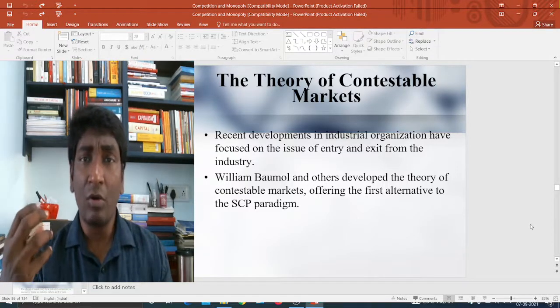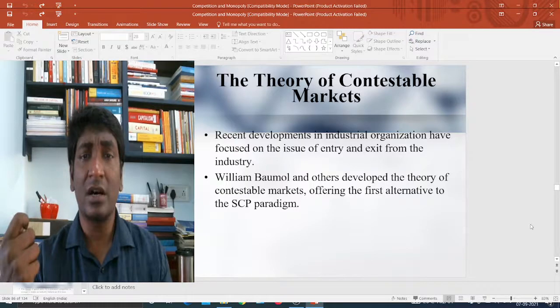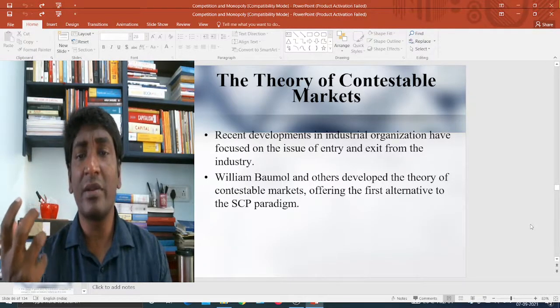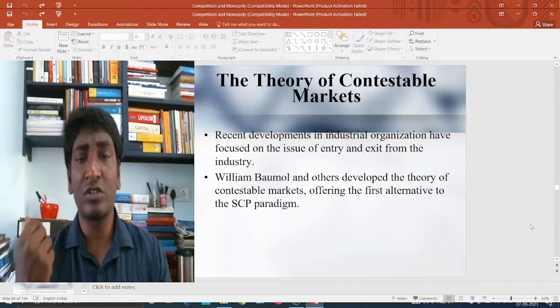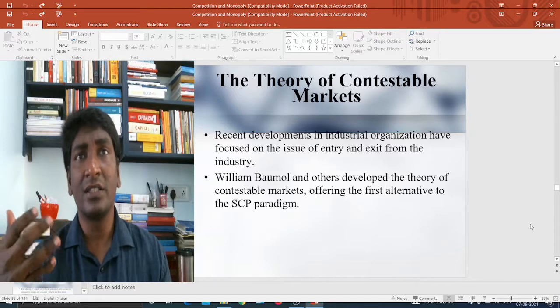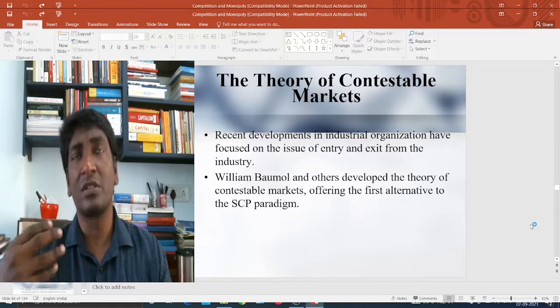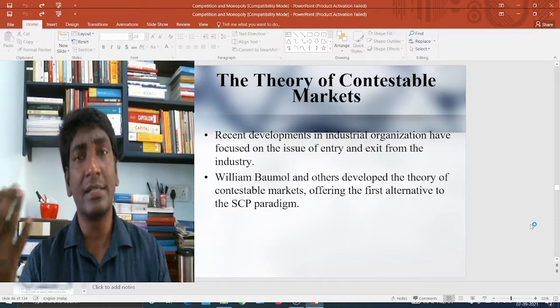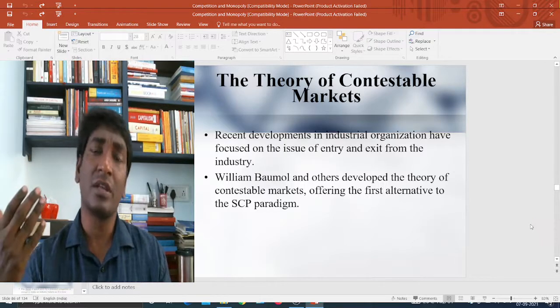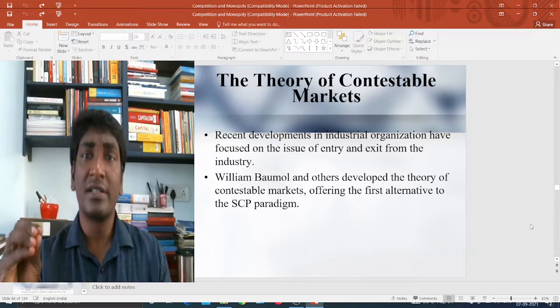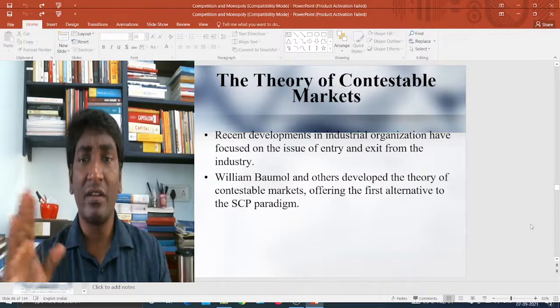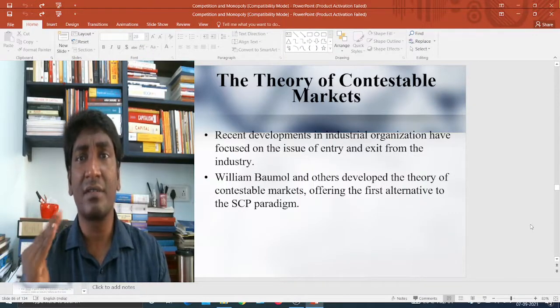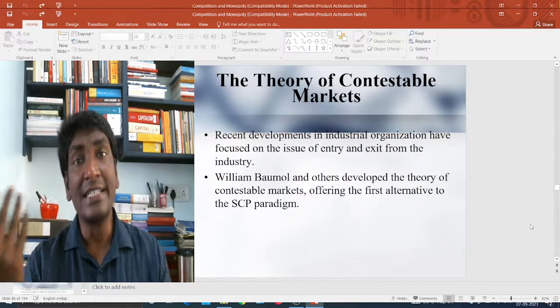So let me now go to the other aspect, the theory of contestable markets. Recent developments in industrial organization have focused on issues of entry and exit. Now, this is another juncture, because the earlier lectures and market models which we discussed so far assumed that free entry and exit is perhaps easier.